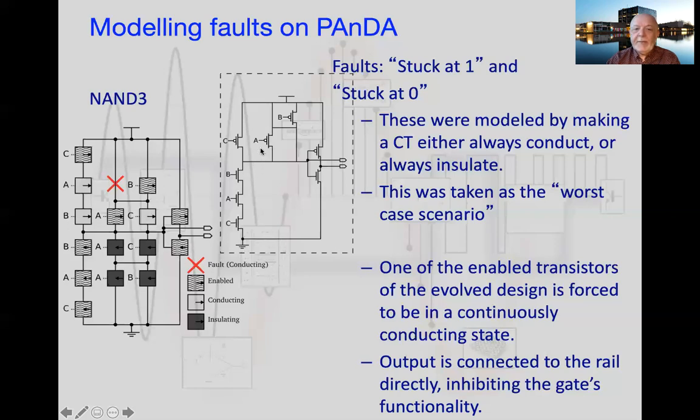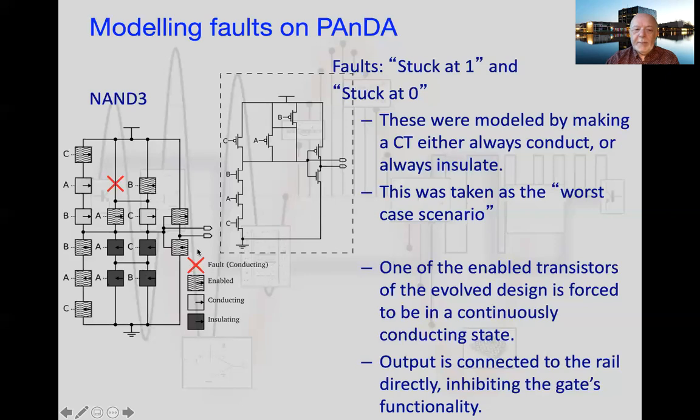So the issue now is there should have been a transistor here, but we've short-circuited it. So what you'll see now is the output through one path is connected up to the rail. So this is unlikely to work as a NAND gate anymore, because one of the transistors is short-circuited and is connected straight through to that.